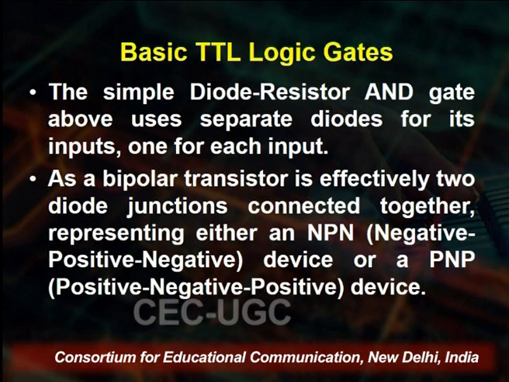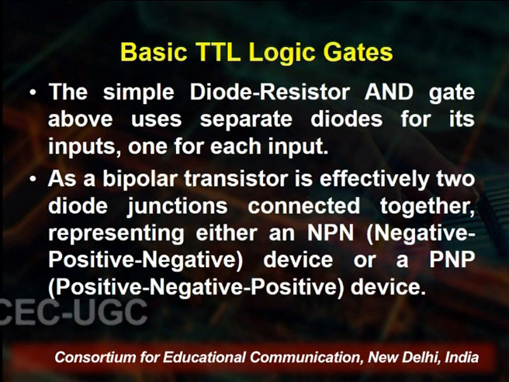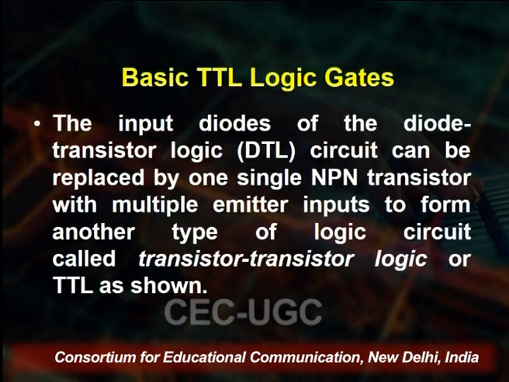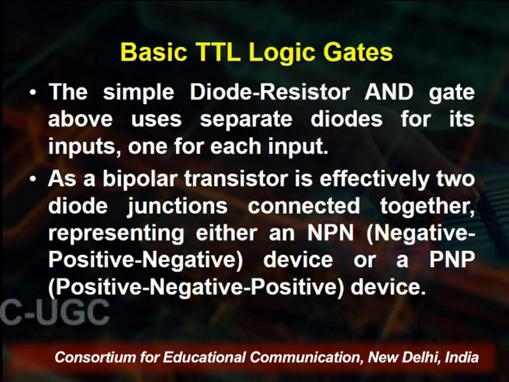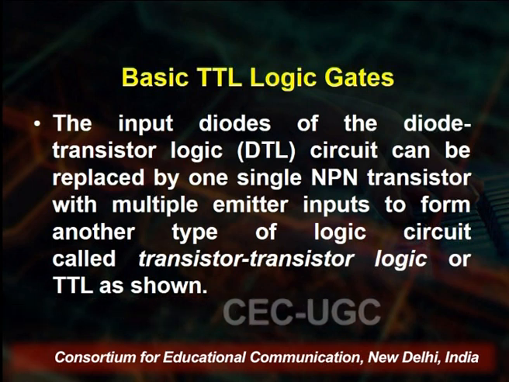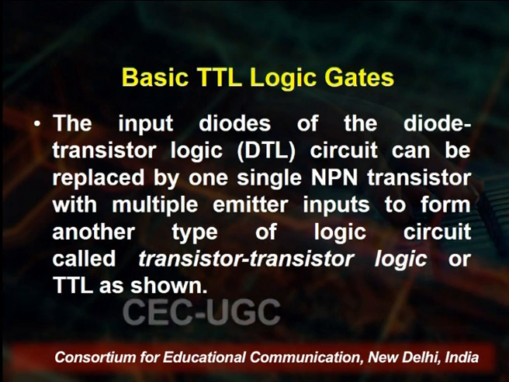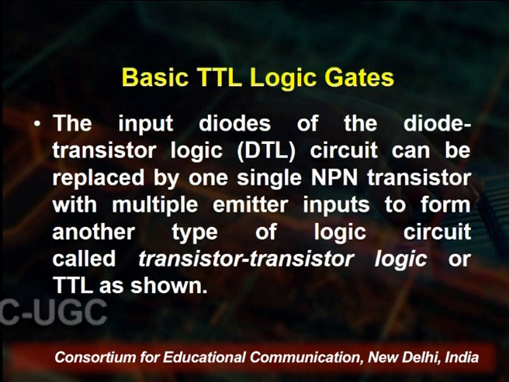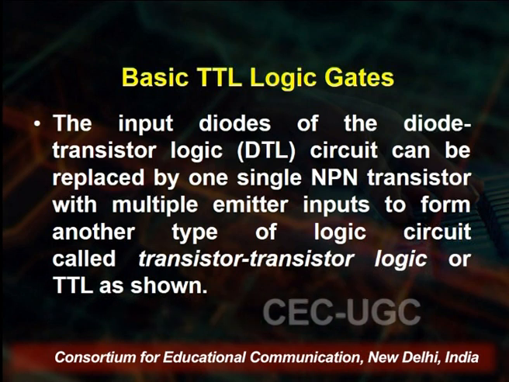But as a bipolar transistor is effectively two diode junctions connected together, representing either an NPN or PNP device, meaning positive negative positive or negative positive negative transistors, the input diodes of the diode transistor logic, that is DTL circuit, can be replaced by one single NPN transistor with multiple emitter inputs to form another type of logic circuit called the transistor transistor logic, or TTL.